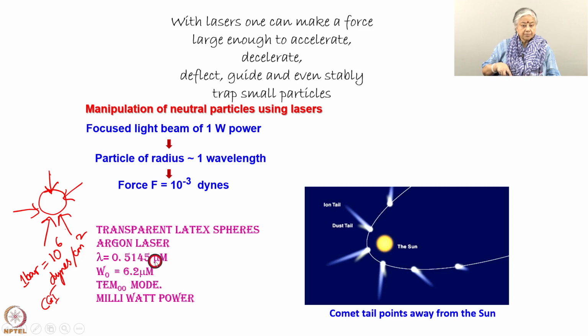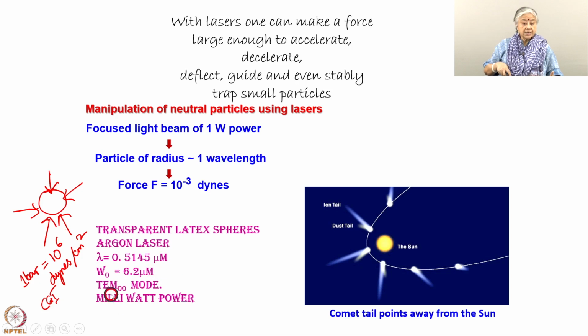This is a small m, micrometer. Argon gives out in the green region of light, and the spot size he used in this experiment was 6.2 micrometer, small m, to tell you micrometers.